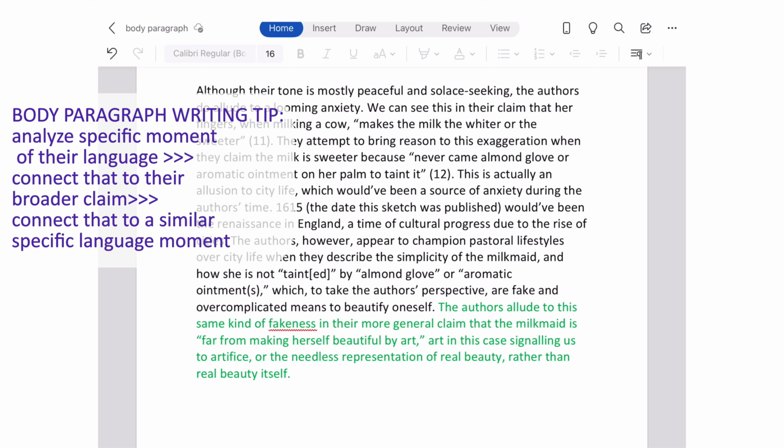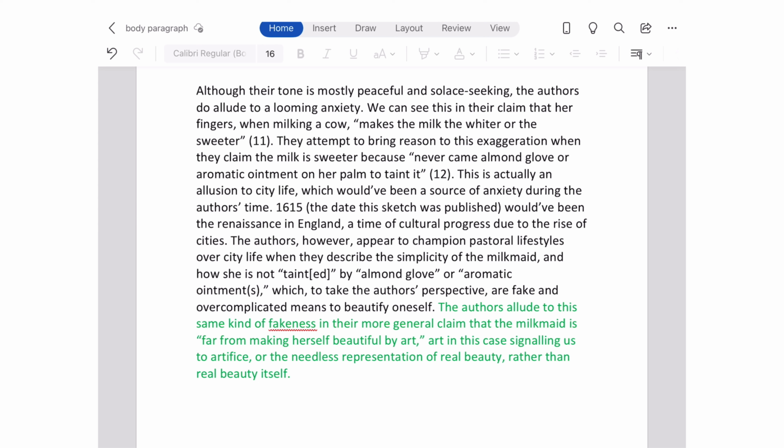And, if you do this strategically, you can line it up so that this is how you flow now into your next paragraph where you're going to talk about that other rhetorical device, but we'll leave that out for now. So here you can see I have described their more general claim of the milkmaid being far from making herself beautiful by art.